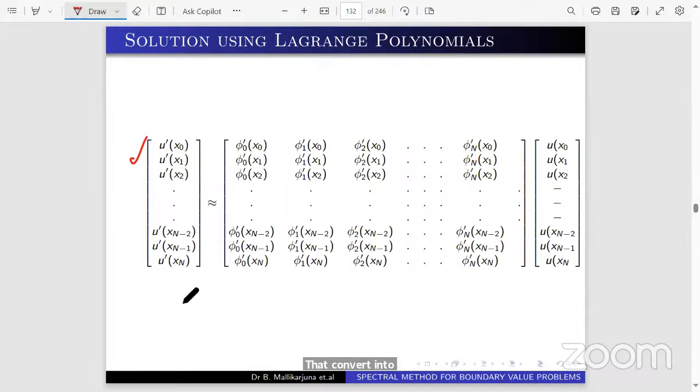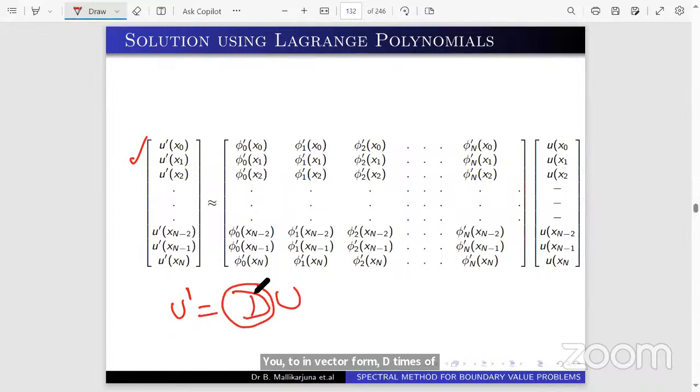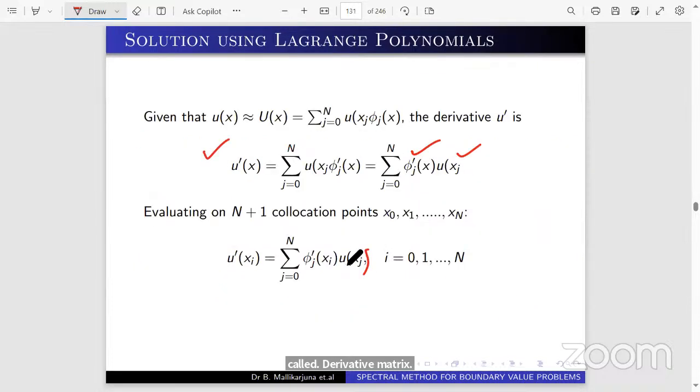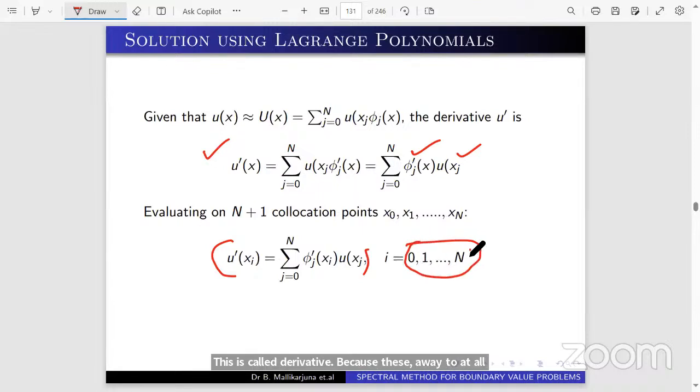Now this is the u derivative in vector form, d times u. This d is called the derivative matrix. It is called the derivative matrix because we have to find the derivative at all these points, 0, 1, 2 and so on up to n.